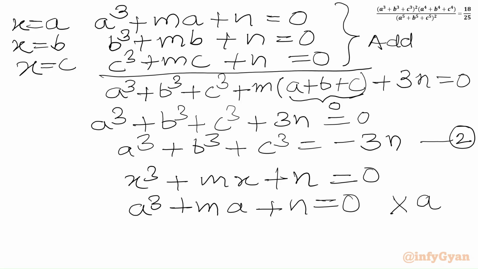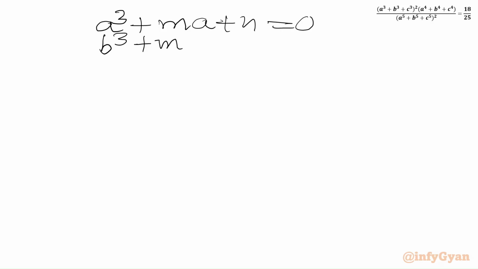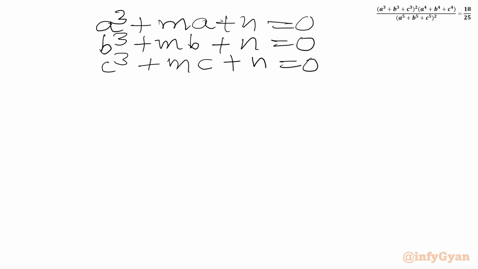Similarly, the b cube equation would be multiplied by b. Let me write all three equations: a cube plus m times a plus n equal to 0, b cube plus m times b plus n equal to 0, c cube plus m times c plus n equal to 0.